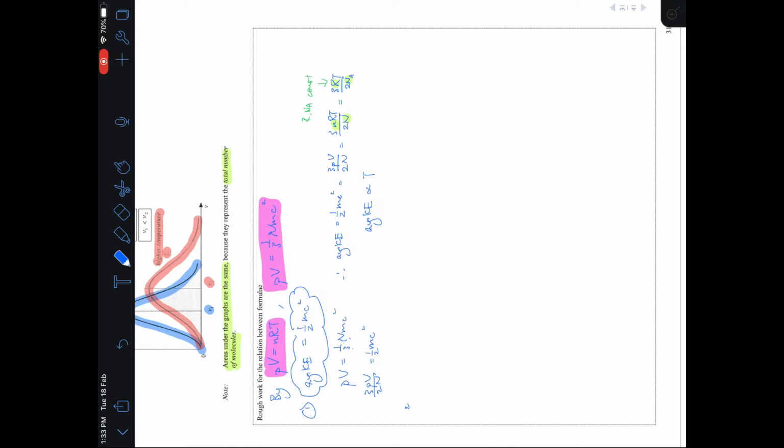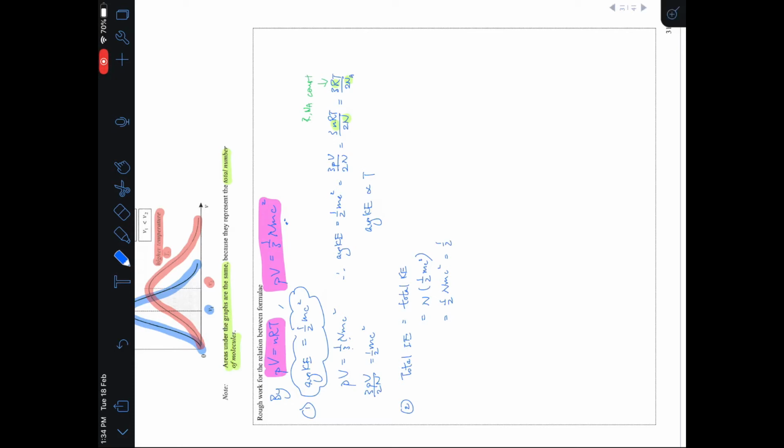And secondly, we further want to have the total KE. Then we have N times the average KE of one molecule. Then we have half Nmc squared. Then we can also represent it in another way, because PV equals 1/3 of Nmc squared, so we have 3.